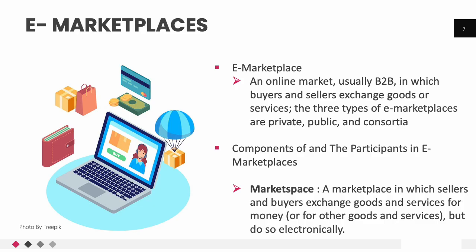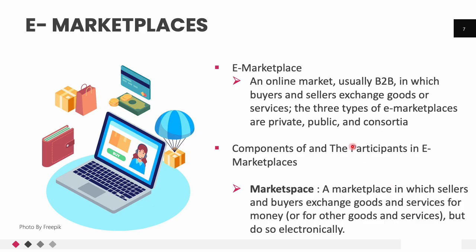Amazon Business is for bulk office supplies. And the types of marketplace are private, public, and consortia. The private is owned by a single company, like Walmart Supply Port.